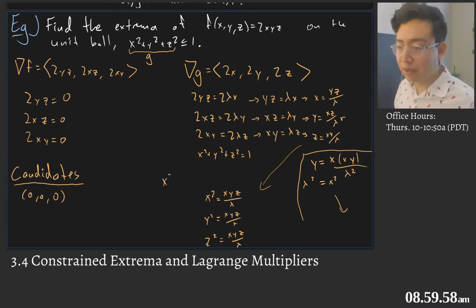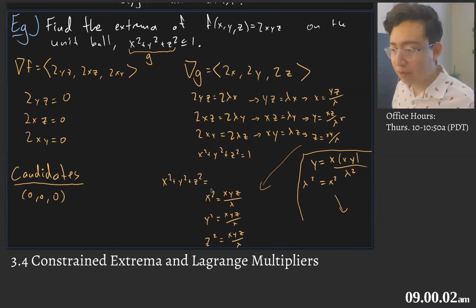So x squared equals y squared equals z squared. And that's equal to this stuff, but we don't actually care that much.